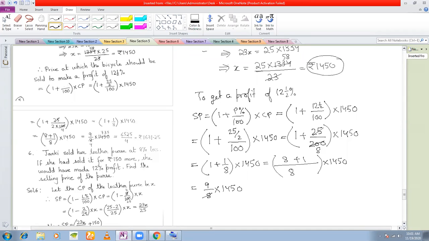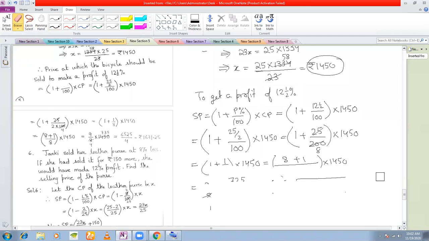Now 8 will cancel here. If you cancel with 2, that's 725. Now it does not cancel any further. So you multiply. 725 into 9 will give you 6525. And therefore this will be the answer. So if he wants to sell the bicycle at a profit of 12.5%, he will have to sell this bicycle for this price. That was what your question was.